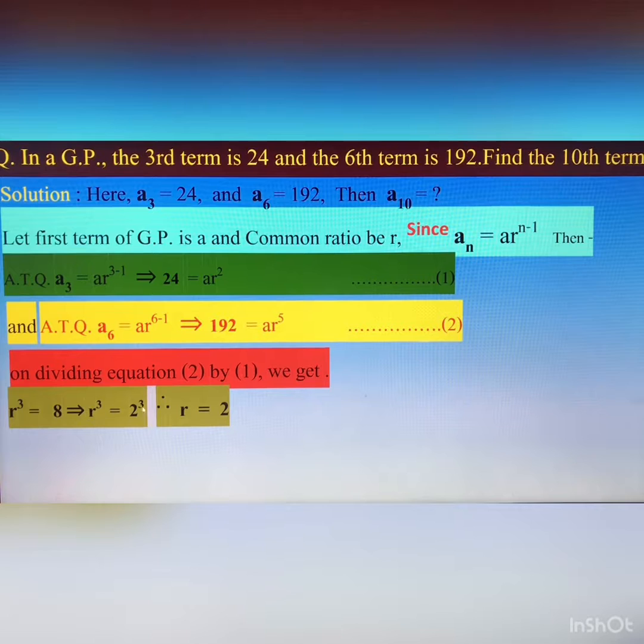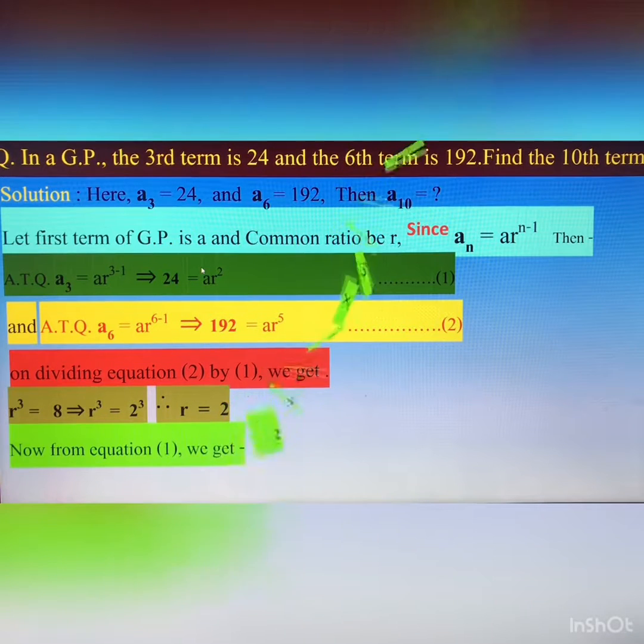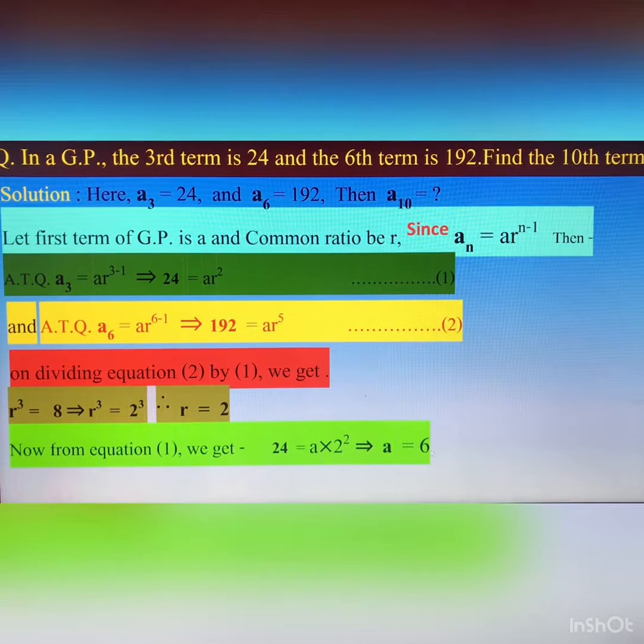So 8 is written as 2 raised to the power of 3, because 2 into 2 into 2 equal to 8. Since the exponents are equal on both sides, the bases should also be equal. Therefore r equal to 2. Now putting the value of r in equation number 1, you will get a equal to 6.